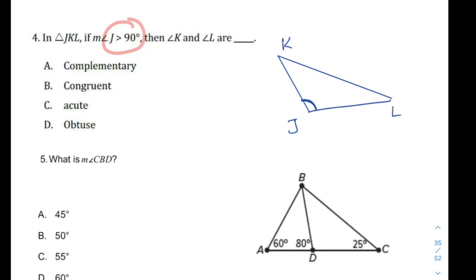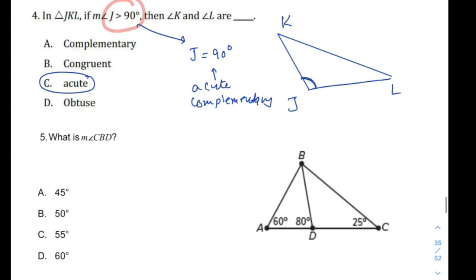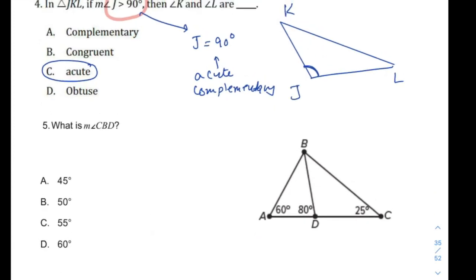K and L should be acute. They should be acute. We cannot have more than one obtuse angle in a triangle. If measure of angle J equals 90 exactly, then other angles will be acute and complementary. If it is only obtuse, then the others should be acute.